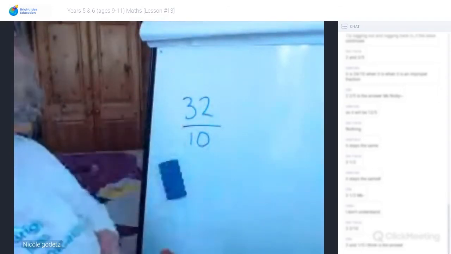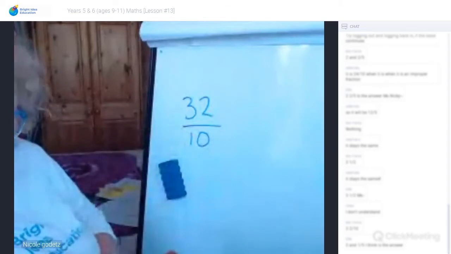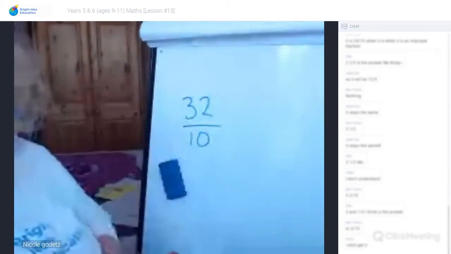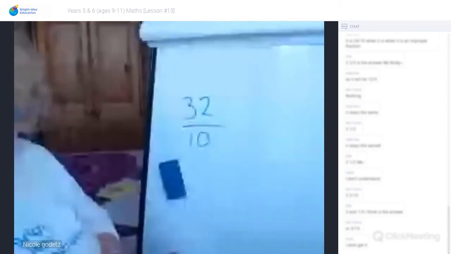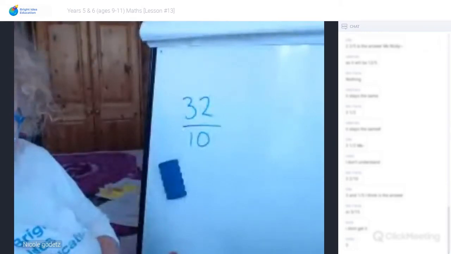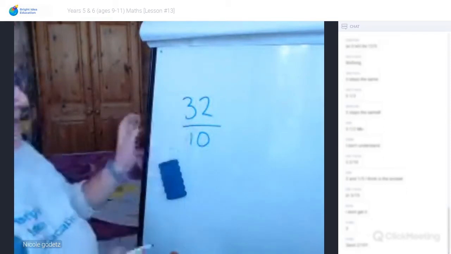How many wholes can we make out of that? If we've got 32/10, every 10/10 we've got, we can make a whole one. So how many 10s can you make out of 30? You've got 32/10.